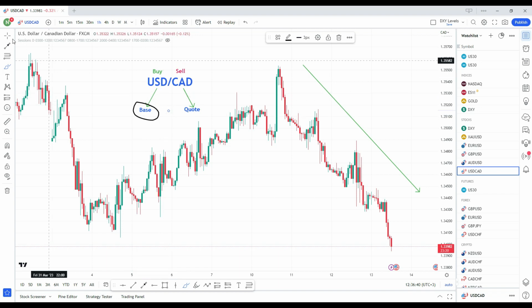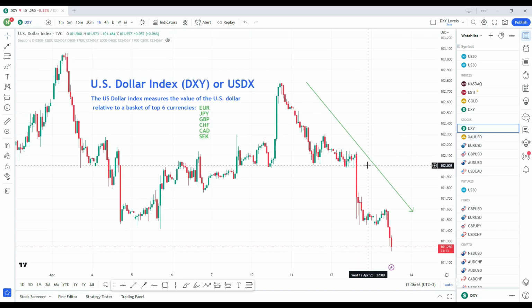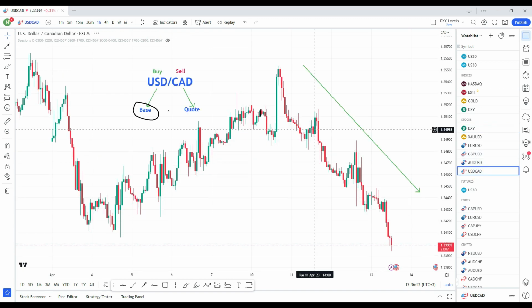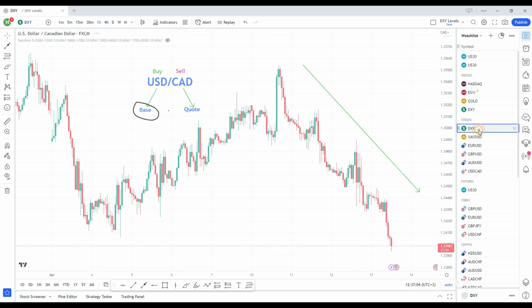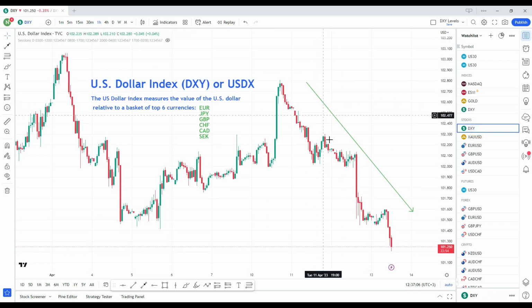If the base currency is the dollar, and according to the dollar index the dollar is weak, then for any currency pair that starts with the dollar as the base currency, you will be selling, because you understand from the dollar index that the dollar is weak compared to other currencies.